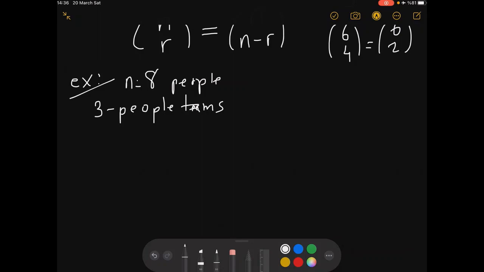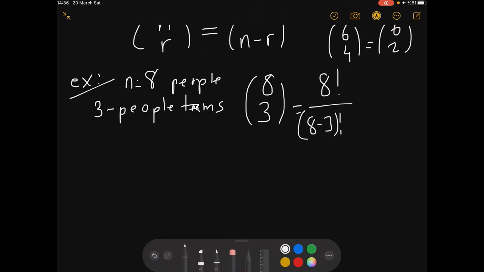How many different teams can you have here? It's pretty straightforward, right? When you apply this formula, 8 factorial over 5 factorial times 3 factorial, it gives you 56.